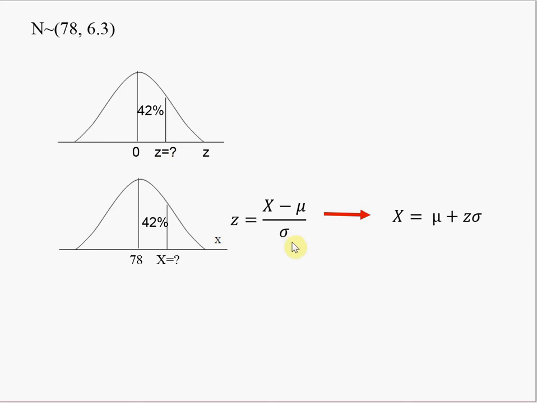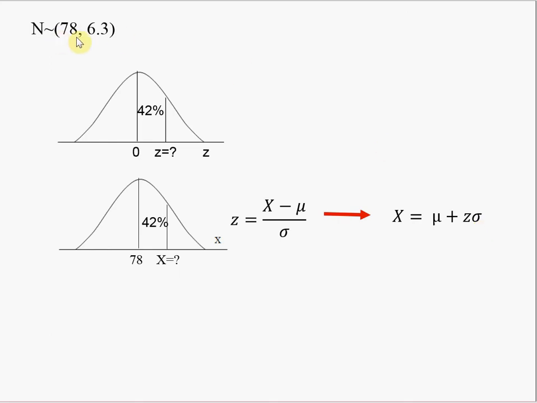Remember this formula? This is the z-score formula we use to calculate the z-score. But you can rearrange the terms in this formula to derive a new formula. With the new formula, the value of x can be expressed as a function of the mean of the population, the corresponding z-score, and the standard deviation.